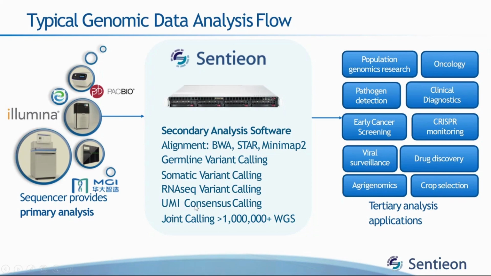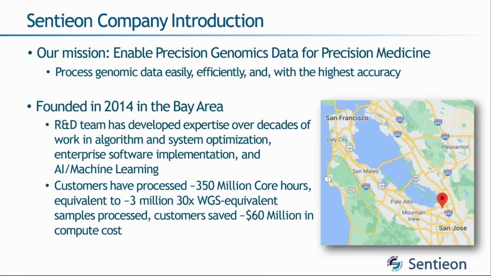So I'm just going to talk a little history about Sentieon, where it was founded, and how the software came into being. So this is a precision medicine focused bioinformatics suite. It was established in 2014 by a research and development team in San Francisco. And this is a secondary analysis tool for NGS data.